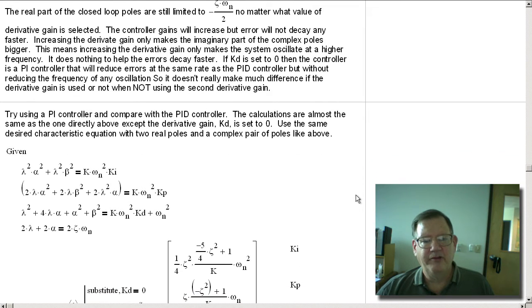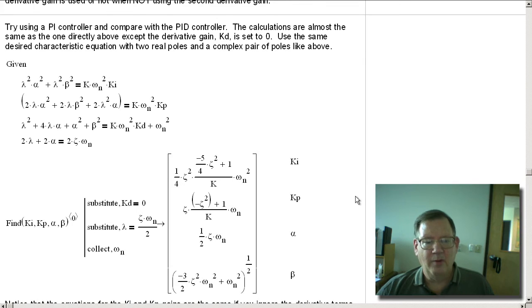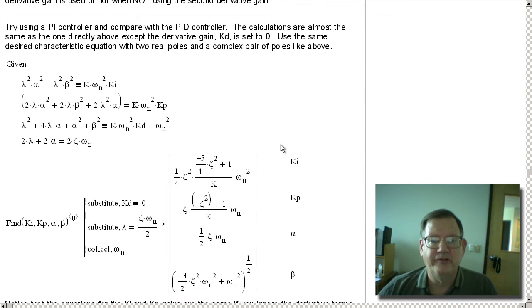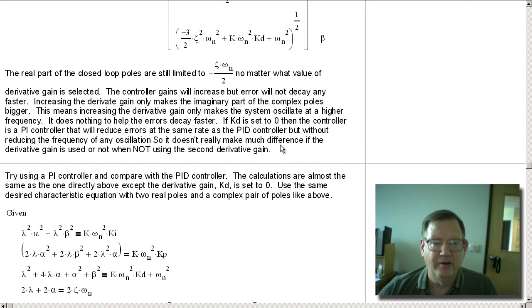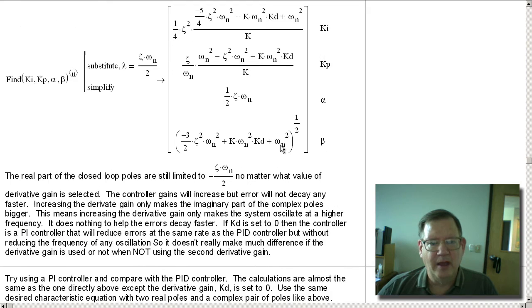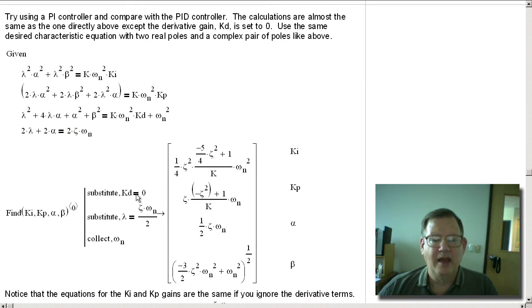So let's try using a PI controller. And what I'm going to do is I have exactly the same equations here as above. The only thing I'm doing is I'm solving by setting Kd equal to 0, so I get a simpler answer. In other words, this term does not exist.